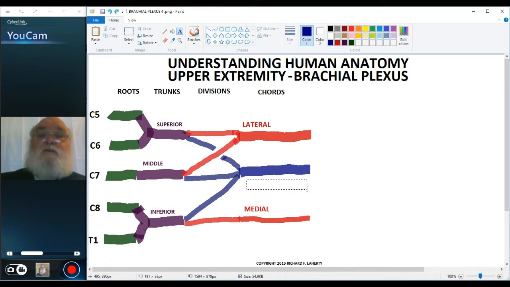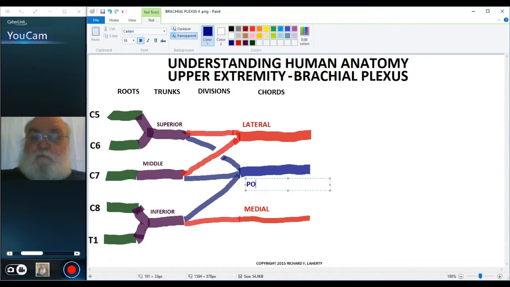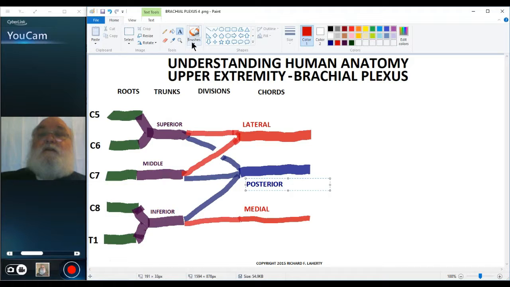And this is the posterior cord. Three cords: lateral, medial, posterior. Now these cords are going to divide and in some cases merge to form the 5 terminal nerves.